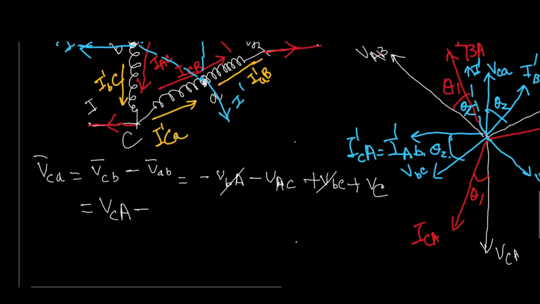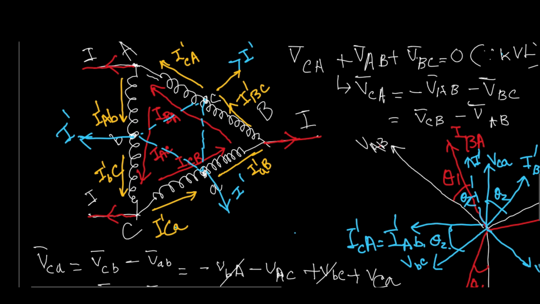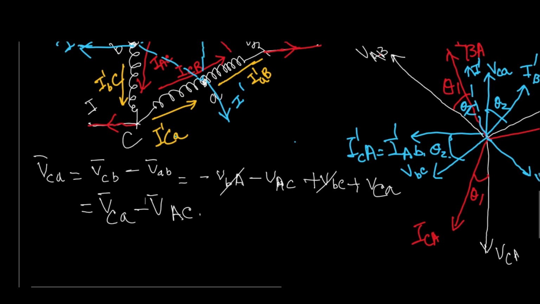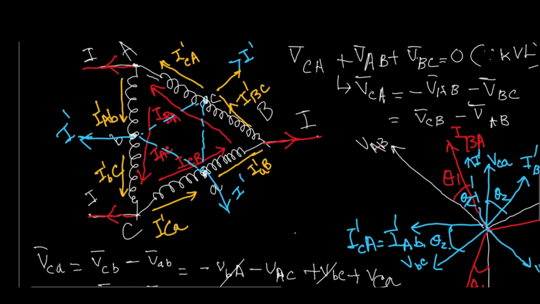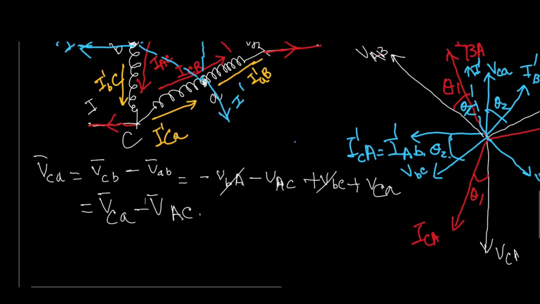It is small e. We started from here, VCA, then we are getting this VCA minus VAC.